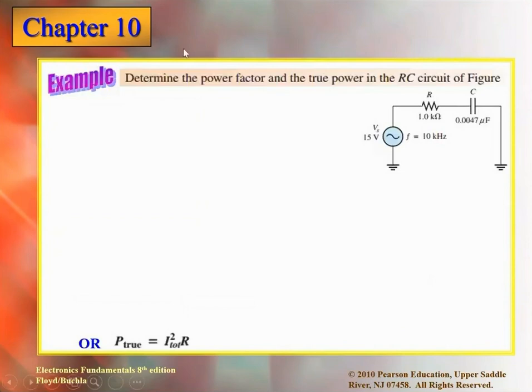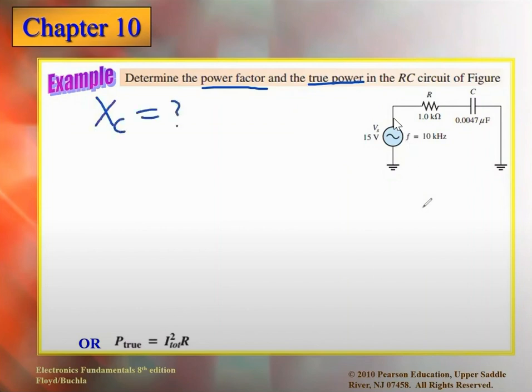See this question. Determine the power factor and the true power. Okay. So tell me the steps first. XC. Very good. The very first thing is XC. After XC, we need the power factor, right? For power factor, what do we need?